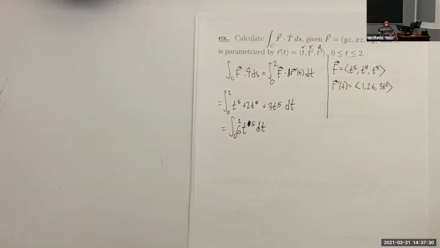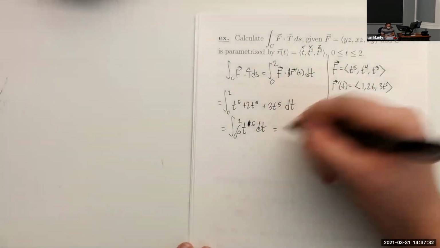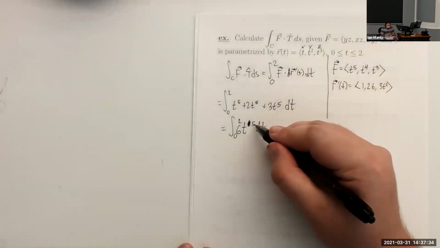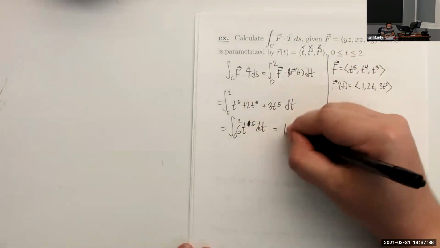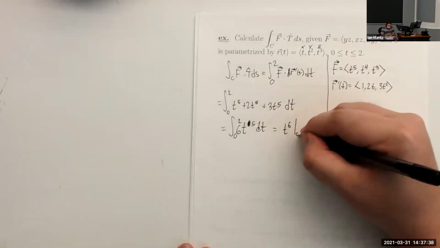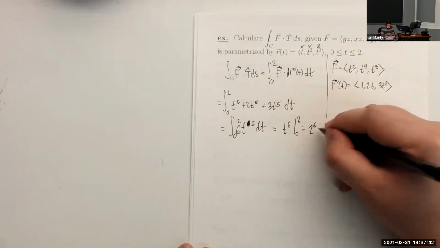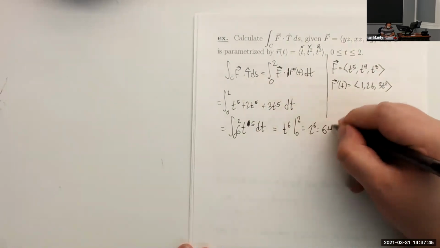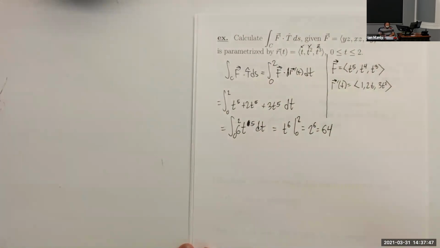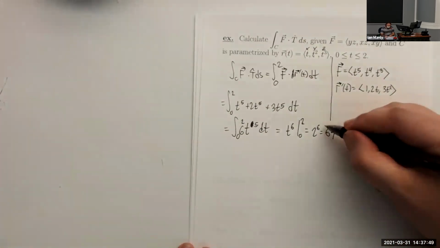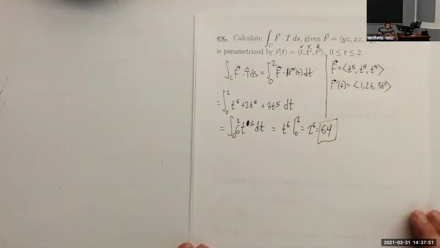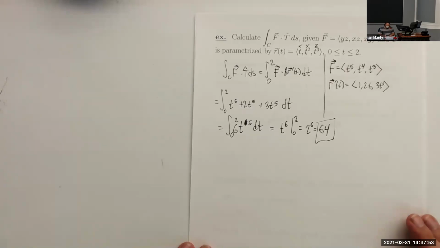Then when I integrate this, I'll get the 6th power. I was a little bit ahead of myself here. I raise this to the 6th power, I divide by 6, so I just get t to the 6th. And then we do 2 to the 6th power, which if I'm not mistaken, is going to be 64 right here. All right, so this is what we ended up getting for our vector line integral.